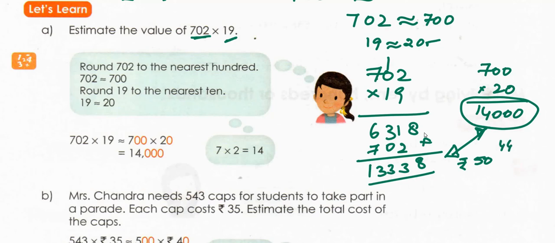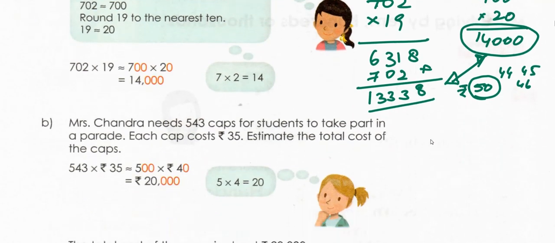Maybe 44, maybe 45, maybe 46 rupees. You will take some approximate value from your parents. Similarly, here we will take approximate value. You should not take 100 rupees to go and buy sugar because it is too high. You know the approximate value of sugar is nearly 50, but not nearly 100.